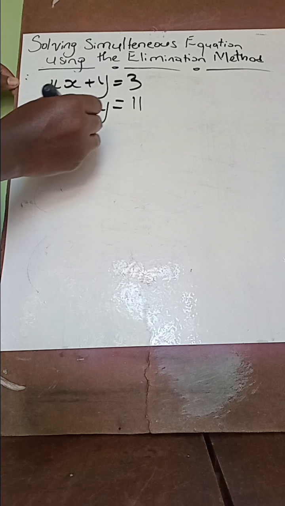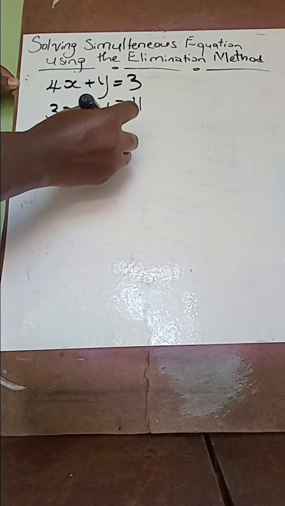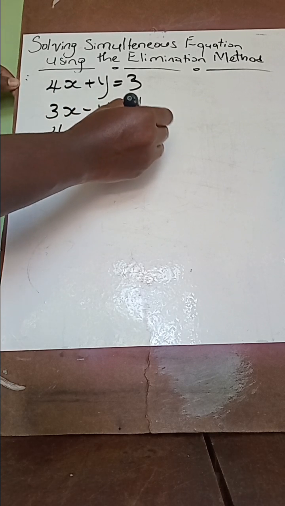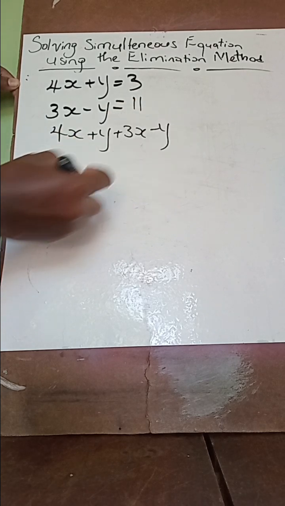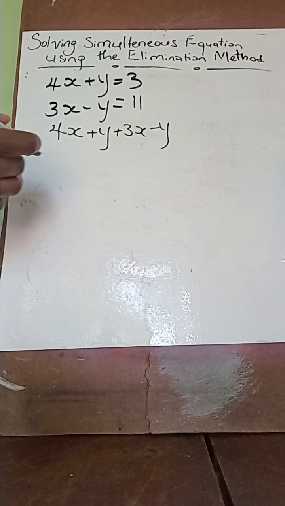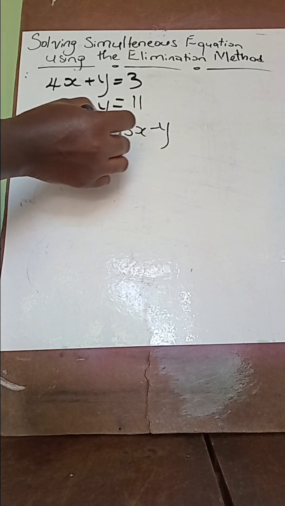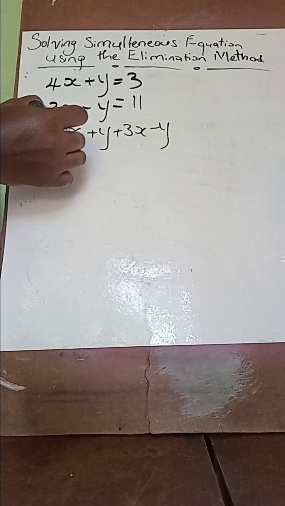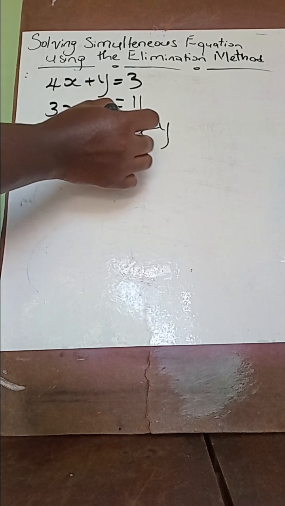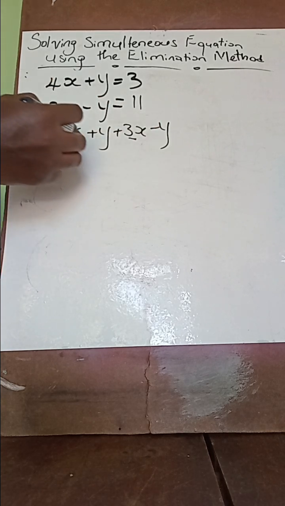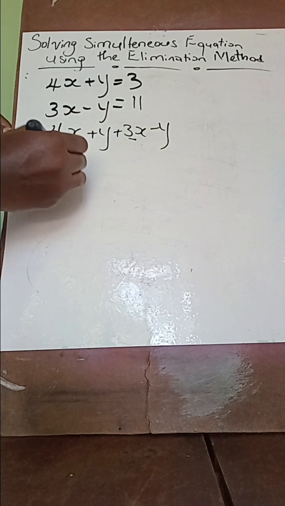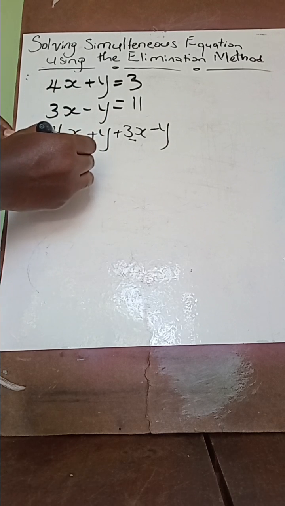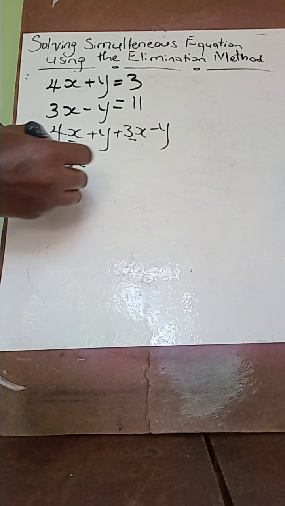So we have 4x plus y, and 3x minus y, right? So now we're going to get the x values. So here we have 4x and 3x, and we know that 4 plus 3 gives us 7x, right?